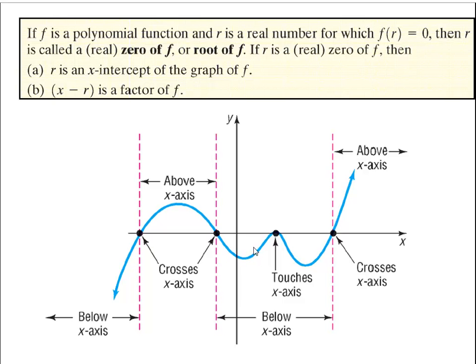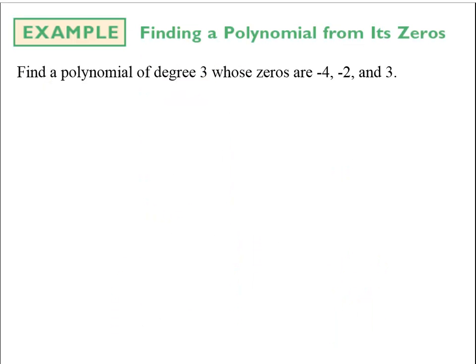Or the graph could bounce off, touching the x-intercept. So it has negative y values, hits the x-intercept, hits the 0, and then bounces back down again. So we can get some interesting behaviors at the zeros, and that's really the main purpose of this third piece of analysis that we're talking about.